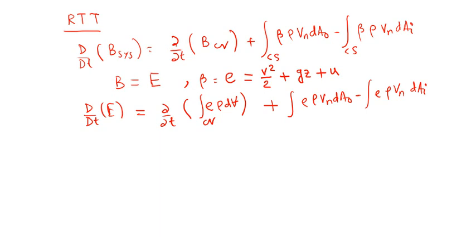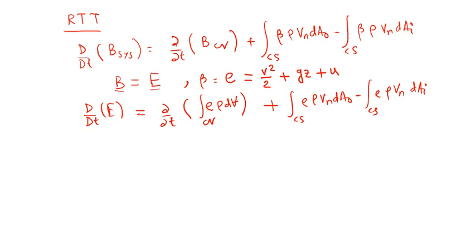This is integrated over the outlet, and this over the inlet. So this is the form the Reynolds transport theorem will take if you consider the property as the total energy of the system.